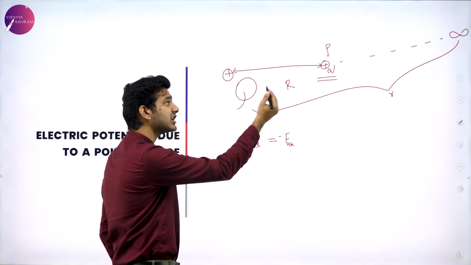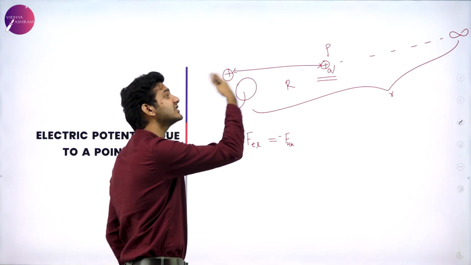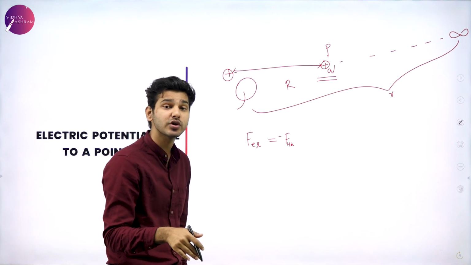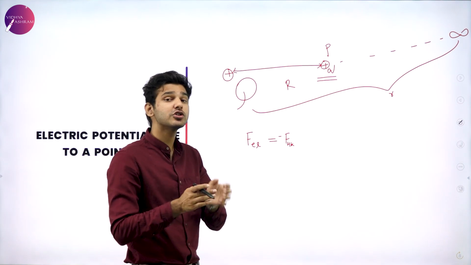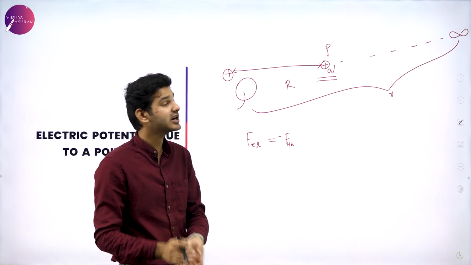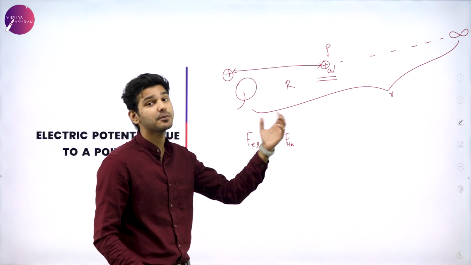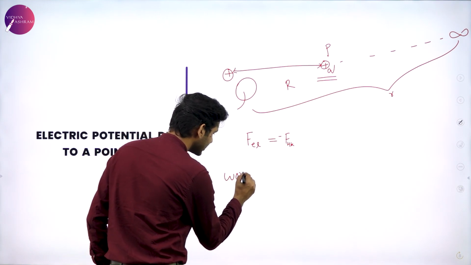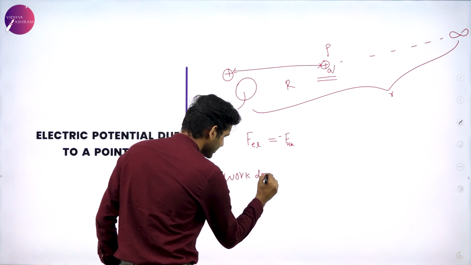In order to keep this particular charge in the vicinity of the electric field, I have to do work, and that work is stored as potential energy. So in order to calculate the potential energy, I only have to calculate the work done in keeping that charge at that particular point. So for that, we will calculate the work done.